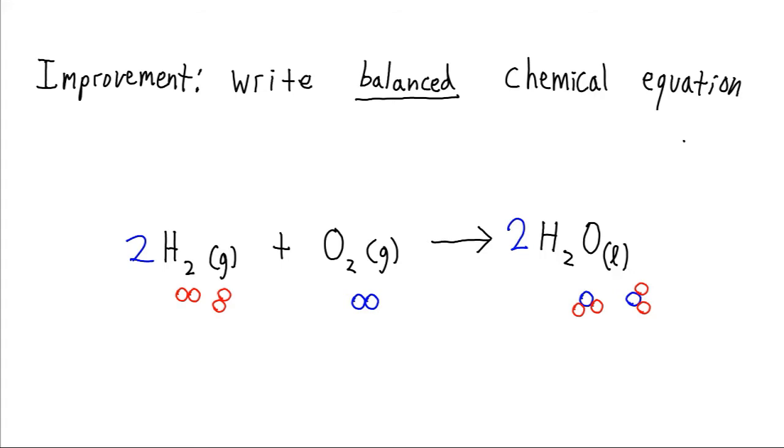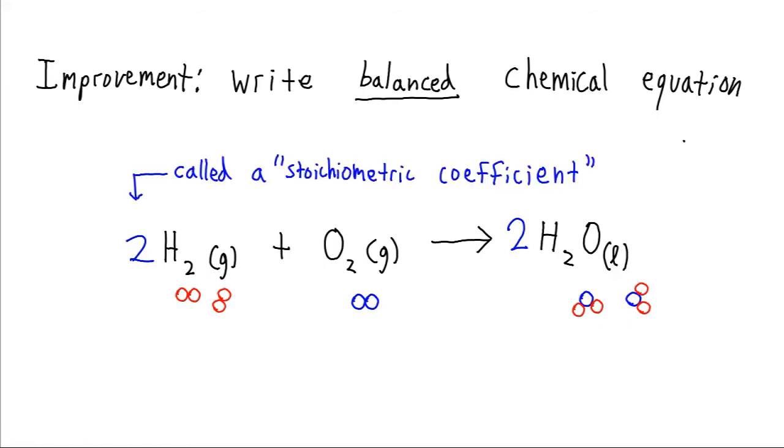And what this is saying is that if we take 2 moles of hydrogen and we react them with 1 mole of oxygen, that we'll get a total quantity of 2 moles of water in return. And these coefficients that we've written have a complicated name. They're called stoichiometric coefficients. But all they are is just numbers which modify the ratio of the molecules involved in the reaction.